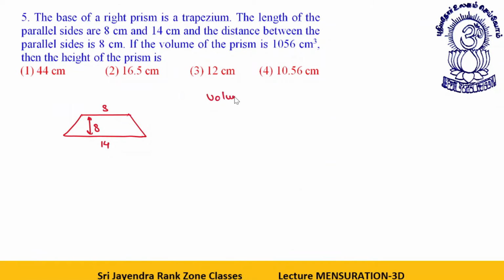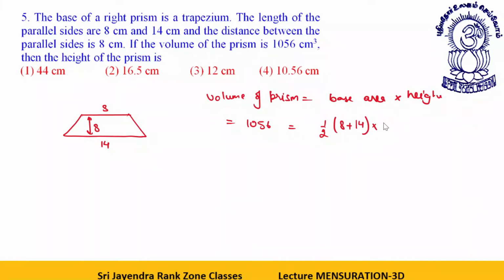See, what is the formula for volume of prism? That is base area into its height. The volume of the prism is given to you as 1056. What is the base area? Trapezium: half into sum of parallel sides into the distance between the parallel sides, into the height h. 2 and 8 cancel to give you a 4. 4 cancels with 1056 to give you 264, like I broke 1000 plus 56.